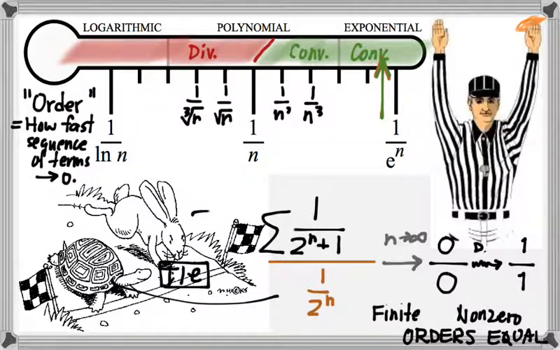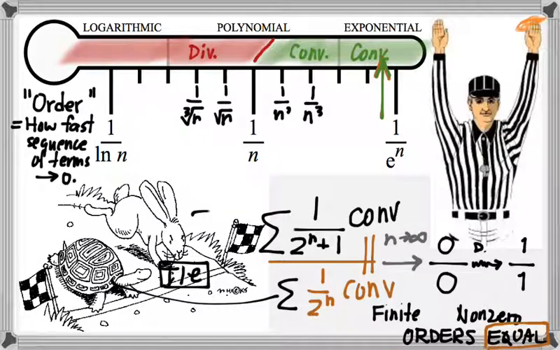If the terms are going to 0 at the same rate as the convergent series, summation 1 over 2 to the n, that must mean that our series converges as well. If the orders were equal, then both of these series are going to be doing the same thing. And because the summation of 1 over 2 to the n converges, so does the summation of 1 over 2 to the n plus 1.